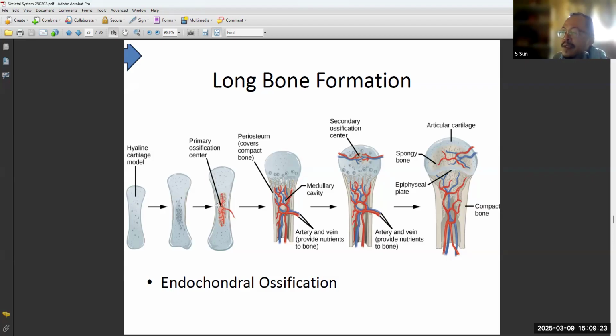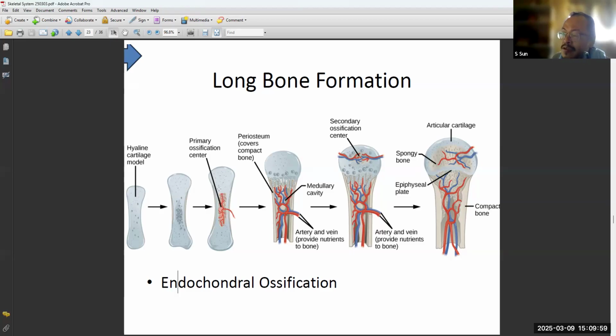Bone cells will start to deposit minerals, so it becomes ossification. In the center, it will become hardened and mineralized. This will be the beginning of the bone. The osteoblasts will migrate over and secrete minerals like calcium, hardening these tissues and then becoming bone.